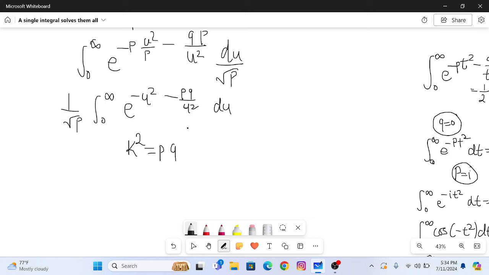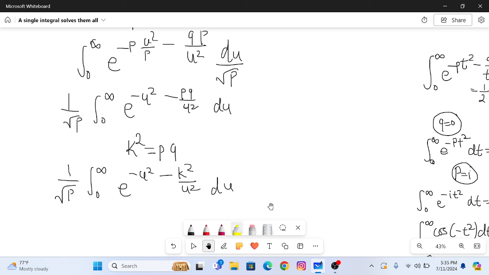Okay, so let me just go with the flow, and we will see why this actually works. So if we make pq equal to k square, we get 1 by root p, integral from 0 to infinity of e to the power minus u square minus k square by u square du.